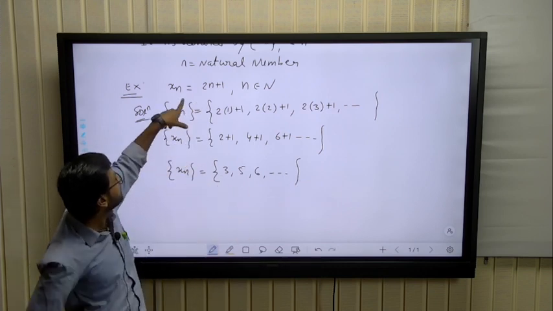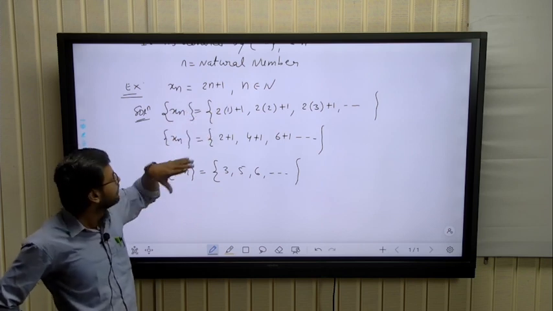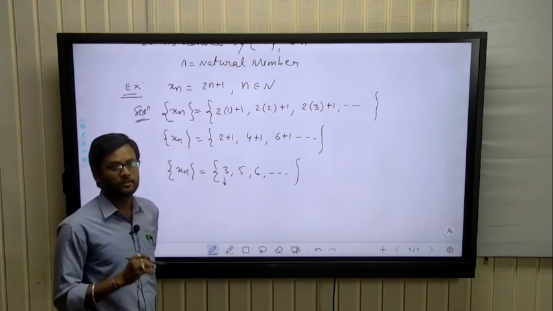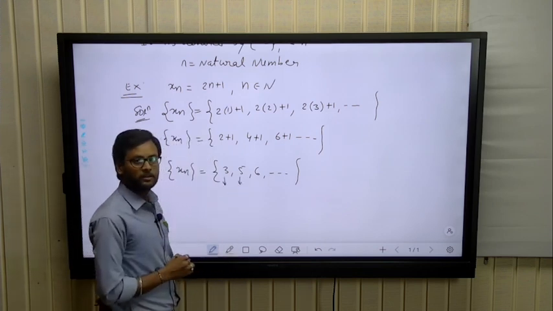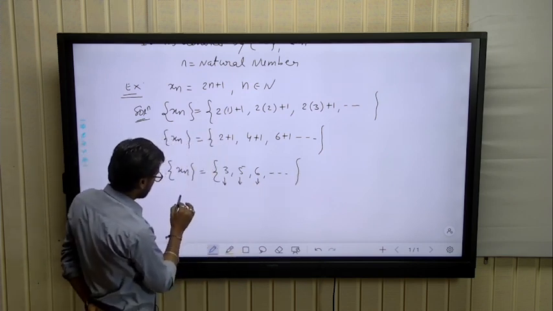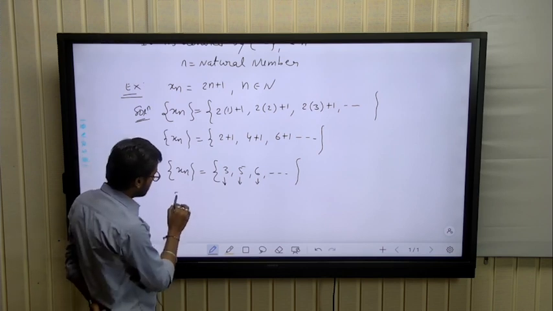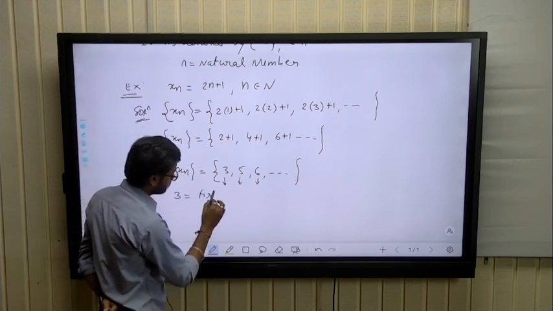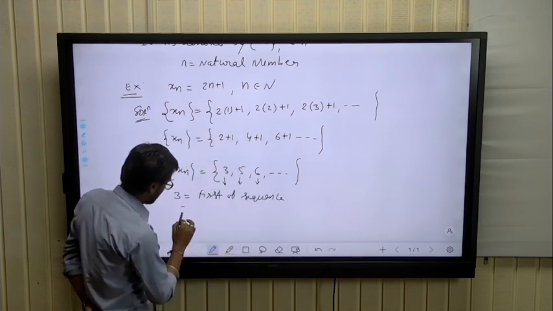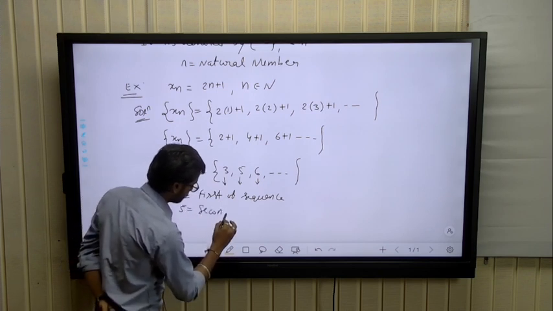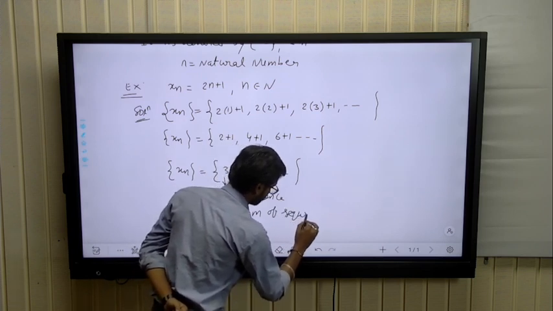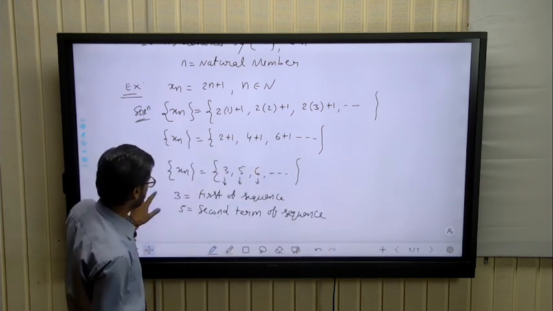The question is given that xn equals 2n plus 1, and we write down the terms of the sequence. This is called the first term of the sequence, this is the second term, and this is the third term and so on. So if we are asked about the terms, we say that 3 is the first term of the sequence, 5 is the second term, and the next is the third term.